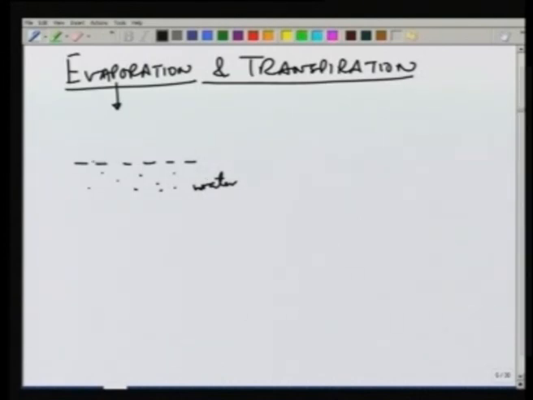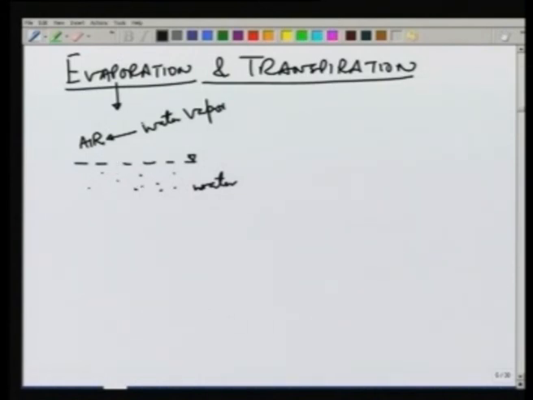Above the water level there will be air which contains water vapor. So, there is water vapor present in the air, and there is water below the surface.